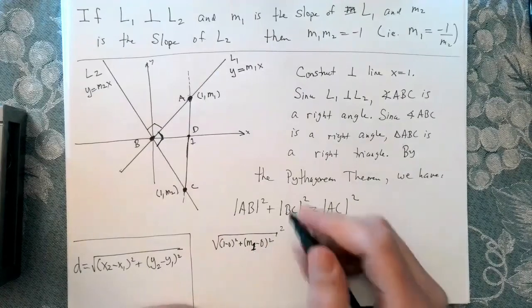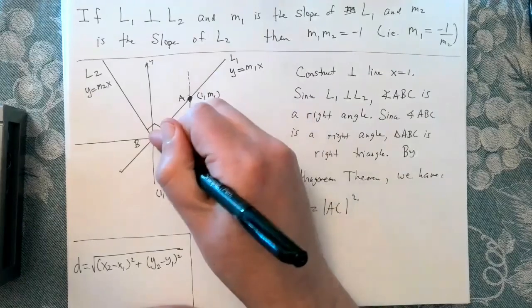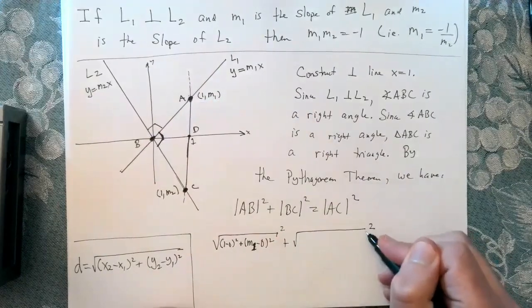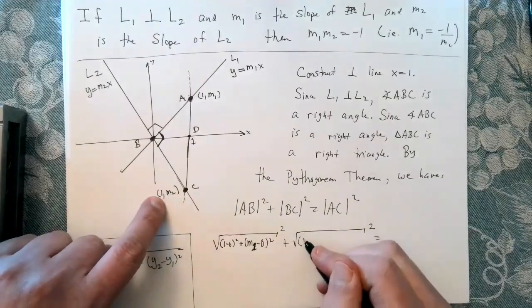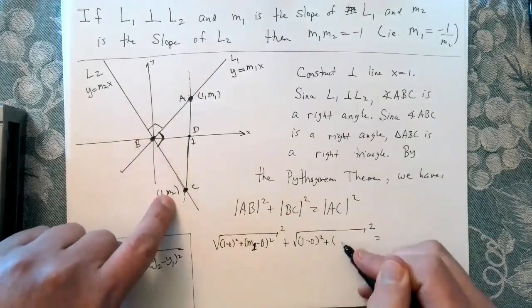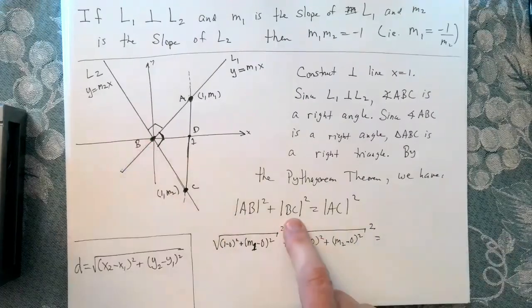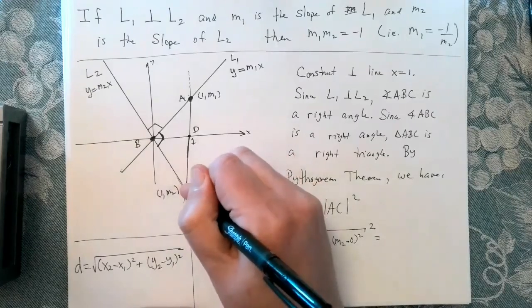Okay, so now I take care of this, plus the length of BC. So I'm going to use this point and the origin with the distance formula. That will give me the length. So the length squared. Okay, so this is going to be x2 minus x1 squared plus y2 minus y1 squared. So that gave me this. And then lastly, for AC, we can use these 2 points.